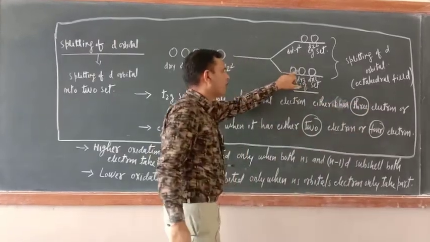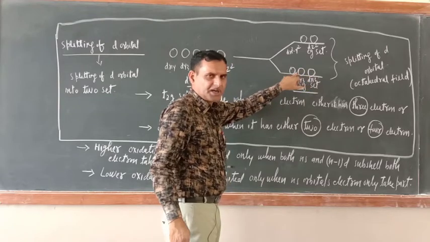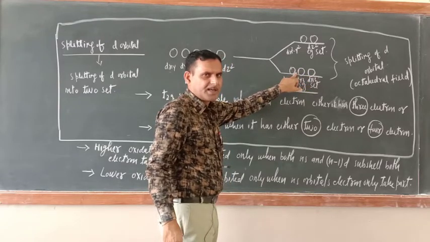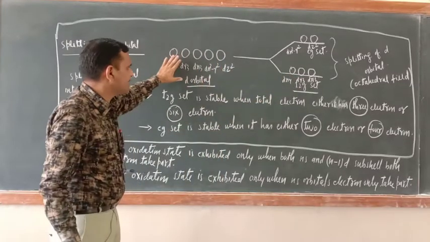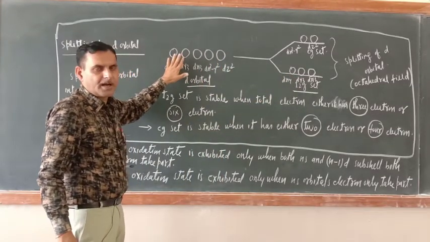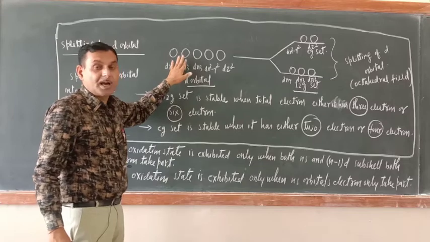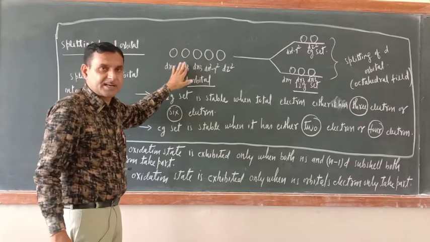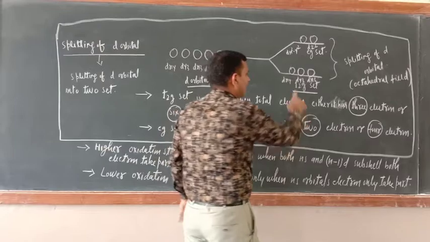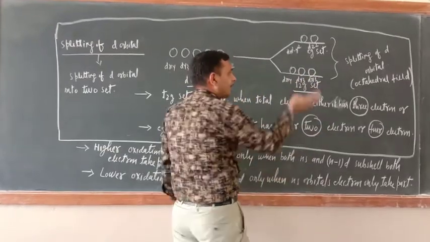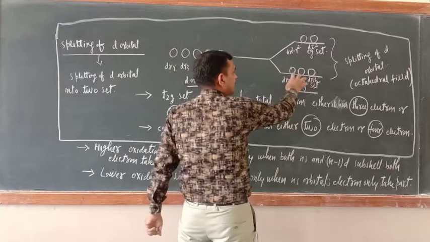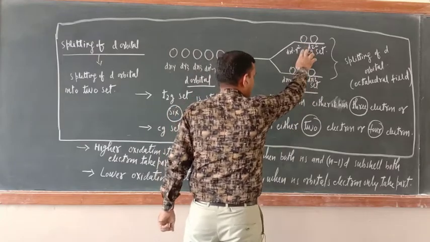If 3 electrons are there, it is half filled. If 6 electrons are there, it is fully filled. Now don't consider the d5 case, where half filled is 5 and fully filled is 10 electrons. Here, 1, 2, 3: if 3 electrons are there, they are half filled. Fully filled means 6 electrons should be there.